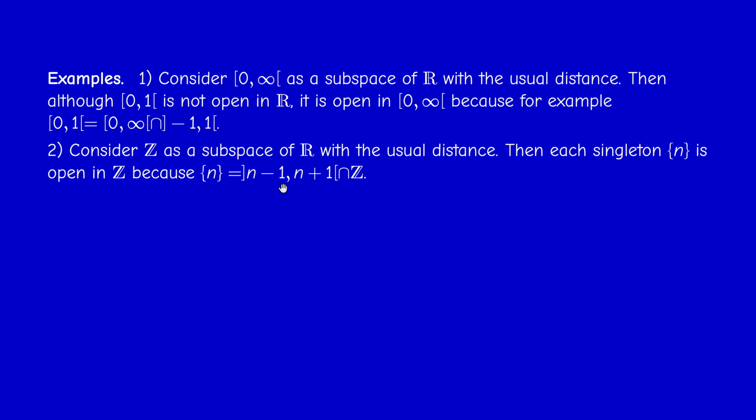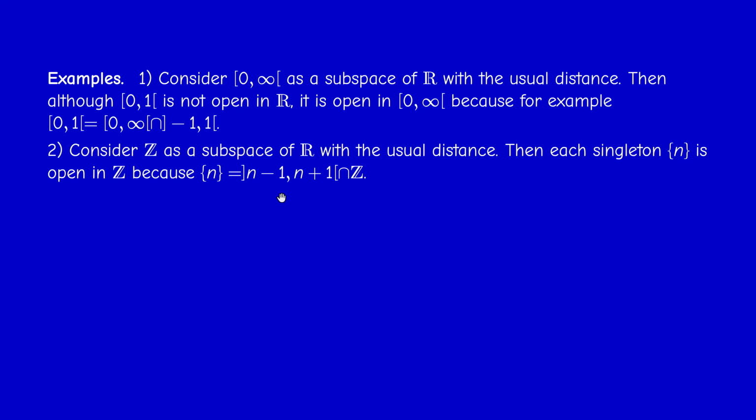So it follows that the singleton {n} is open in Z, because it's the intersection of an open set in R with Z. And of course, this is not unique, because you can also write (n-1/2, n+1/2), if you like. So therefore, every singleton is open in Z.